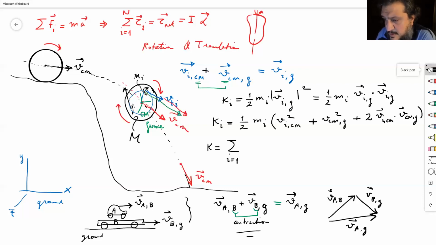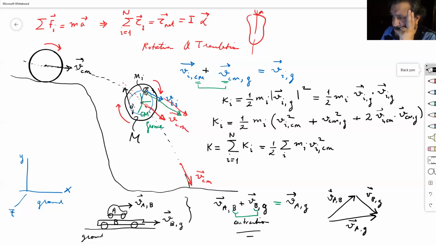i goes from 1 to a large number n. All right, so let's see what we have now. Now I have 1, 2, 3 terms. The first term will be 1/2 summation over i of m_i v_i,cm squared.